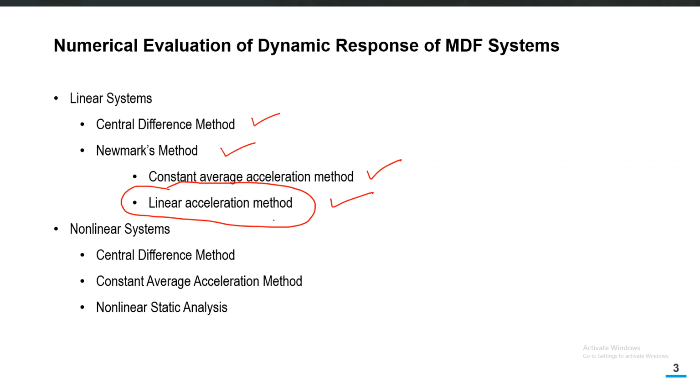For nonlinear systems also, we have the same two analysis procedures: the central difference method as well as the constant average acceleration method. We also have the nonlinear static analysis. We can solve for the static analysis of nonlinear systems using numerical evaluation methods.